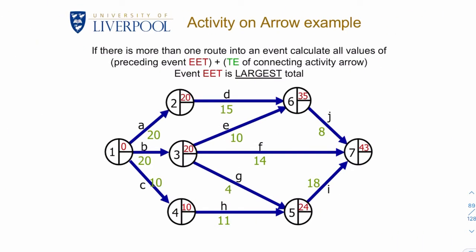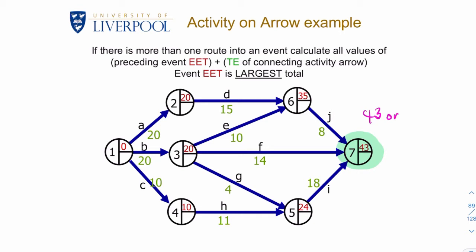And we do the same for our third level. So in order to get here, we need 8 days following 35. So that's 43. Or we need 14 days following 20.